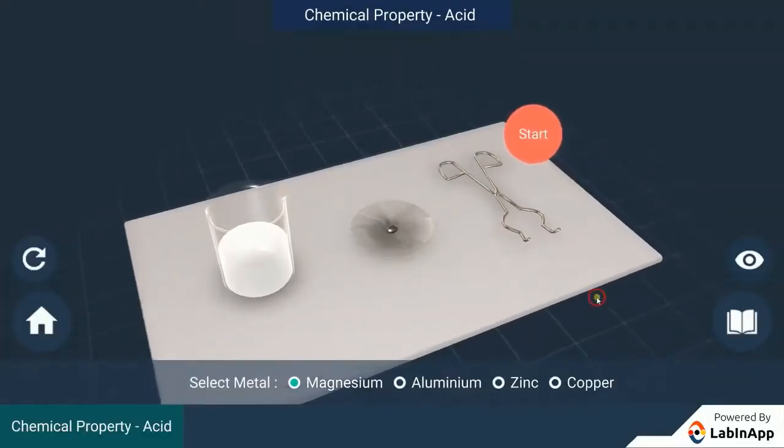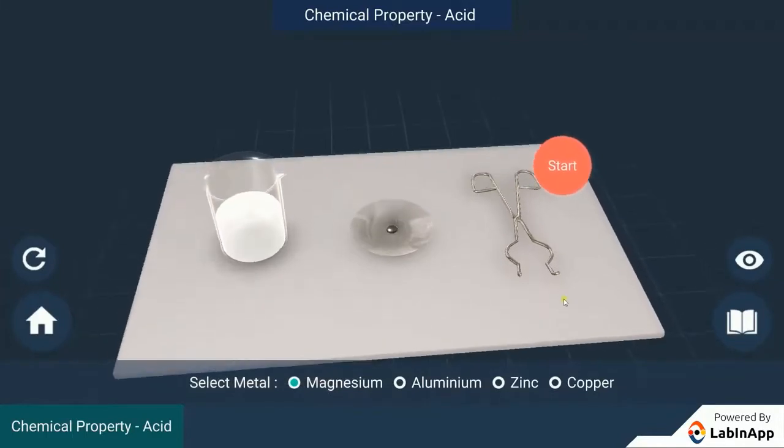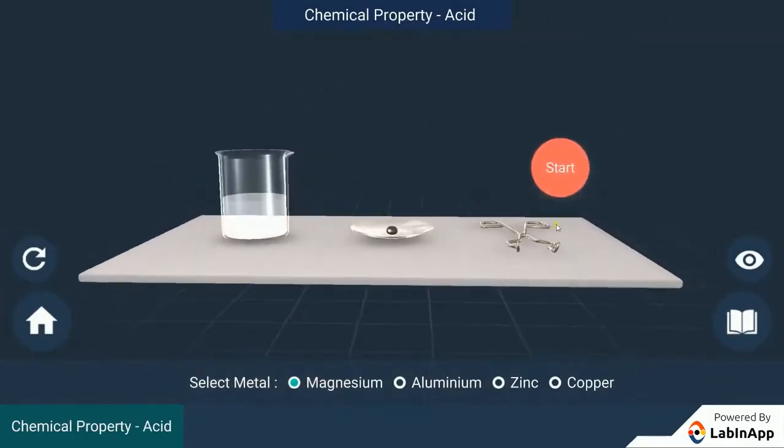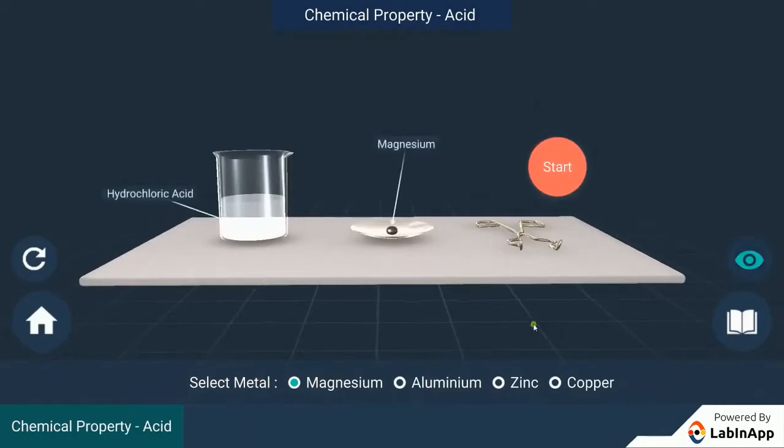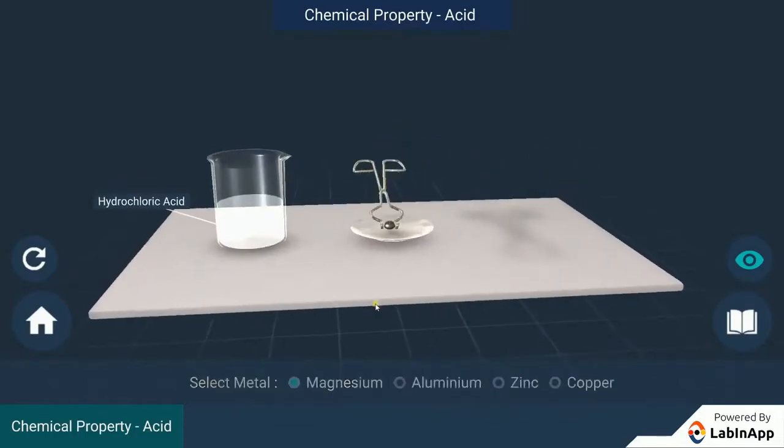What happens when metals react with acids? We have taken samples of magnesium, aluminium, zinc and copper. Add the samples into the beaker containing dilute hydrochloric acid and observe the formation of bubbles.